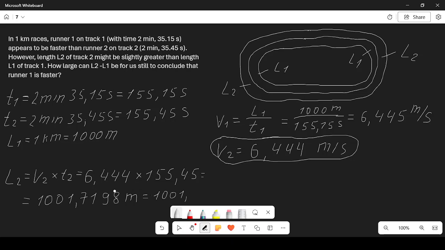We round this to the bigger side, so it's 1001.72 meters.